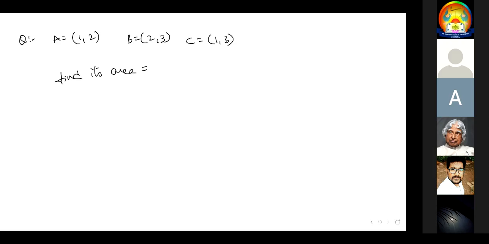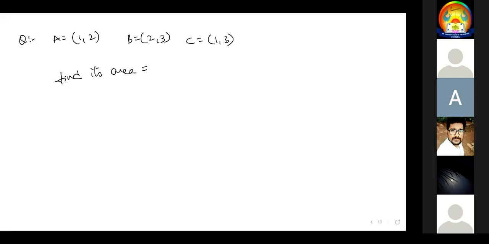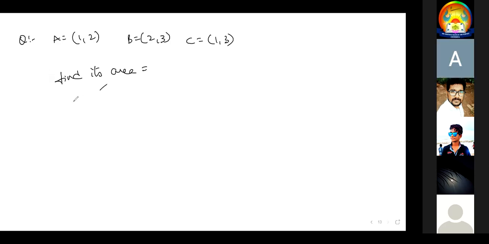Sir, 1 by 2. Yeah, how much is the answer you got? 1 by 2. That's very good. Are they collinear now? No, sir. Yeah, very good. They are not collinear.